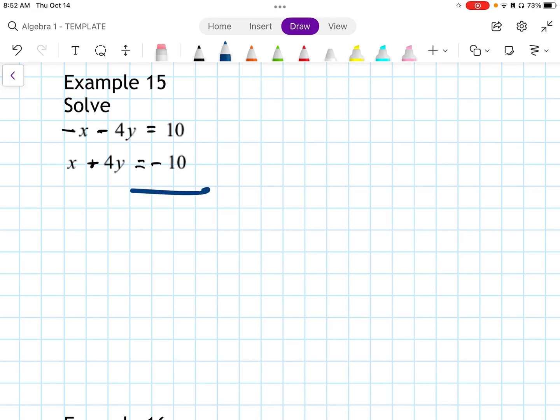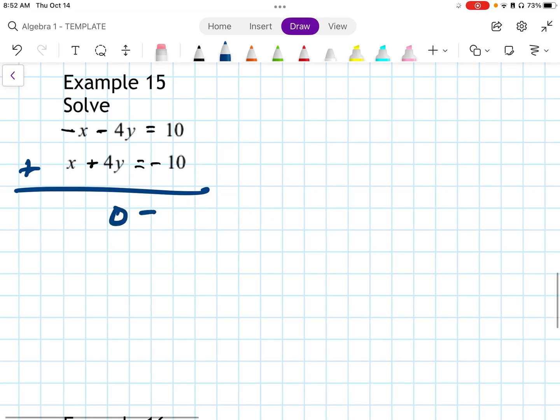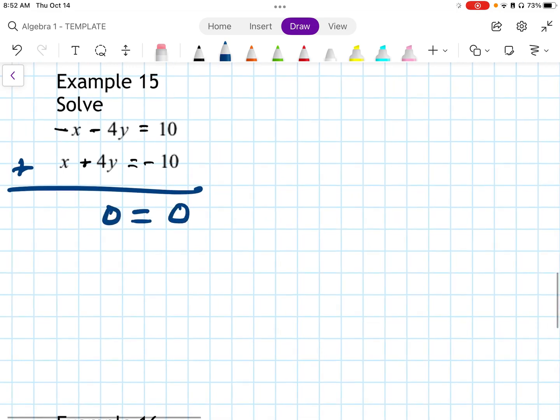We could add these together and eliminate them. I have a negative x and a positive x. That would be a 0. That one eliminates. Negative 4y and positive 4y would be 0. 10 minus 10 is 0. So we got 0 equals 0, which kind of looks like infinitely many solutions, whenever we've done that before, anytime we get a true statement like this.